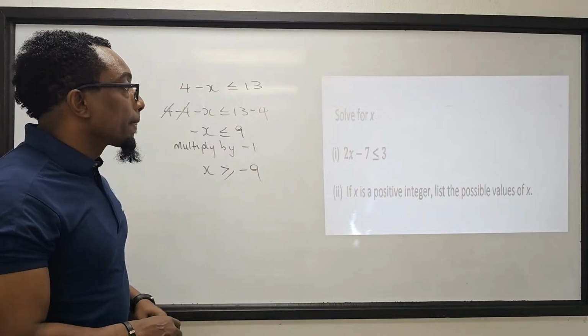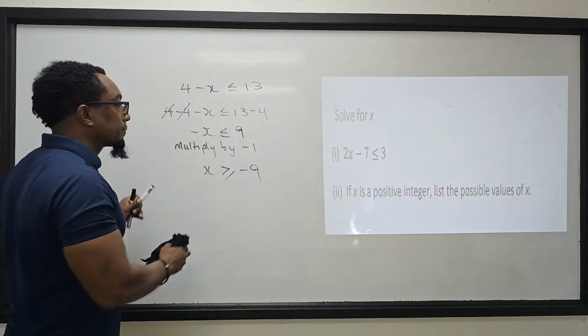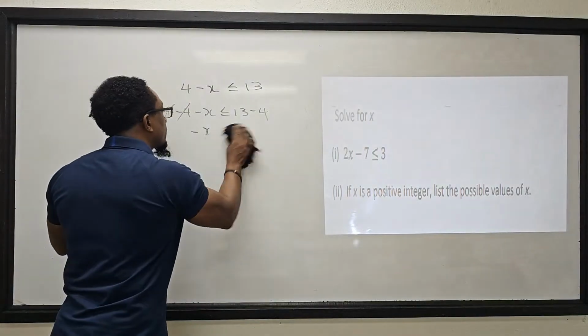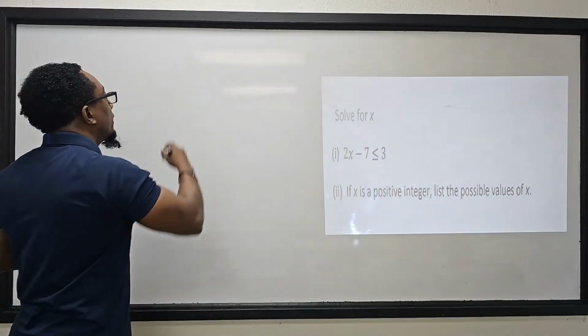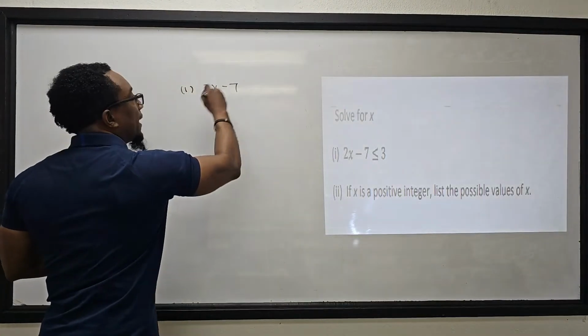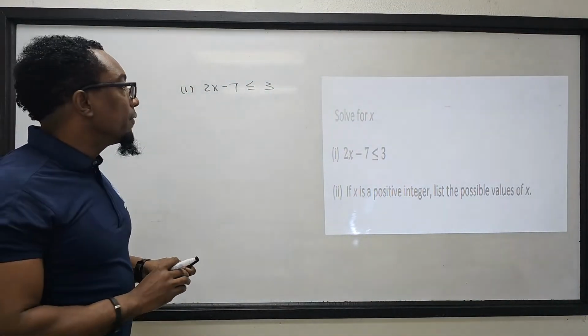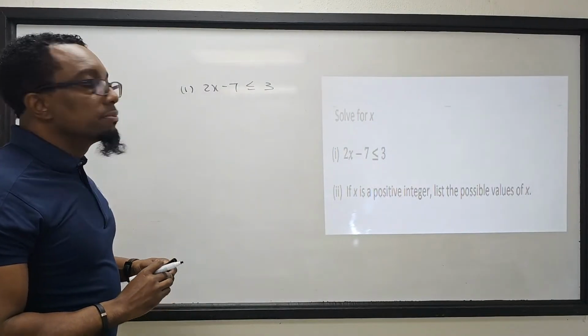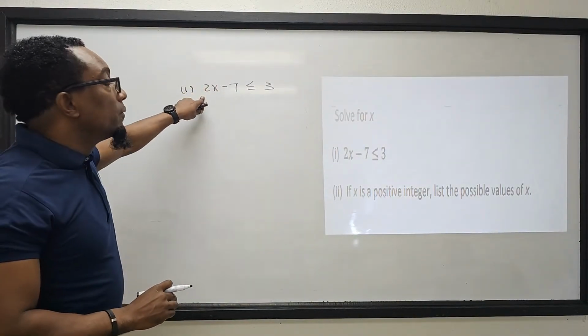Let's again see it. Let's solve this simple inequality. Solve for x. We have 2x minus 7 is less than or equal to 3. So let's solve for x. So what are we going to do? Simple inequality. I'm going to remove -7 and I'm going to remove 2.